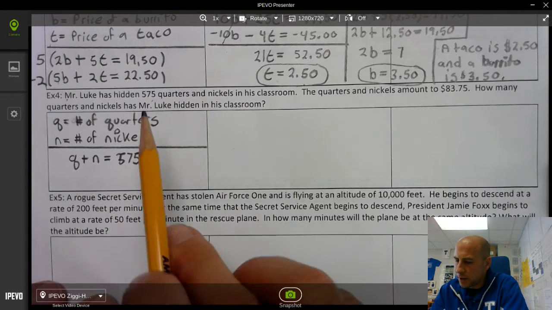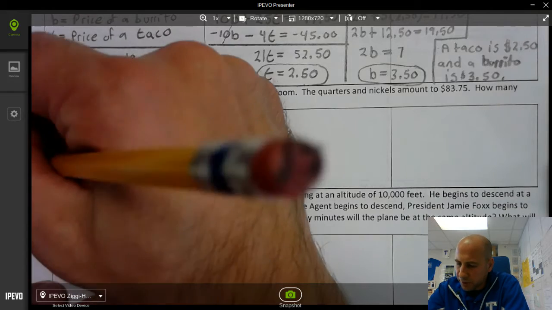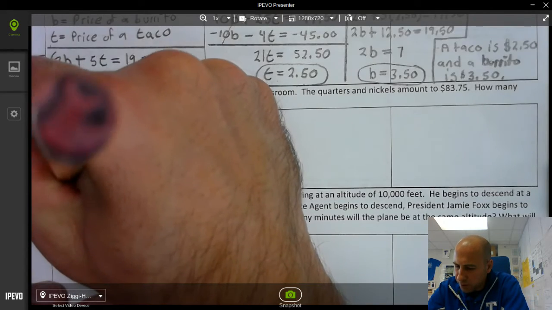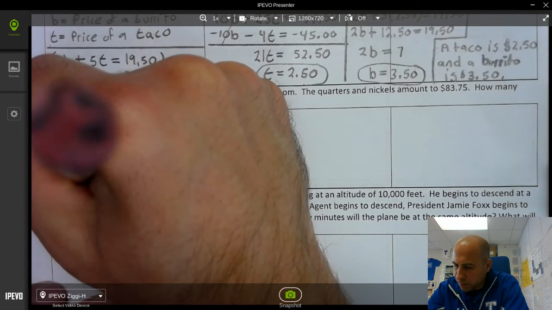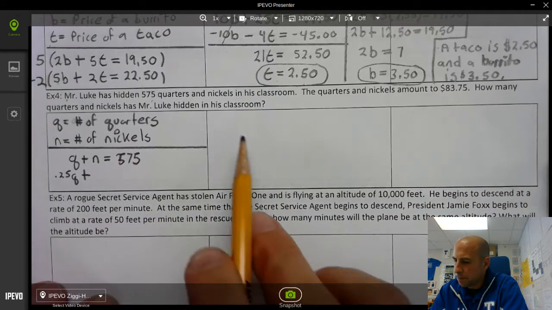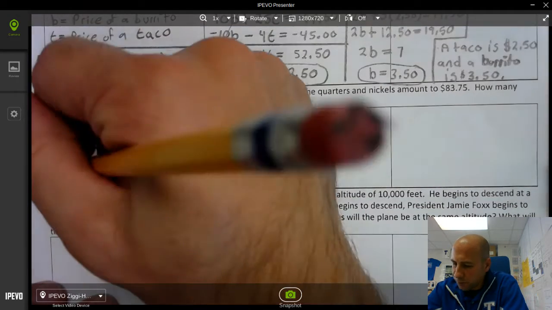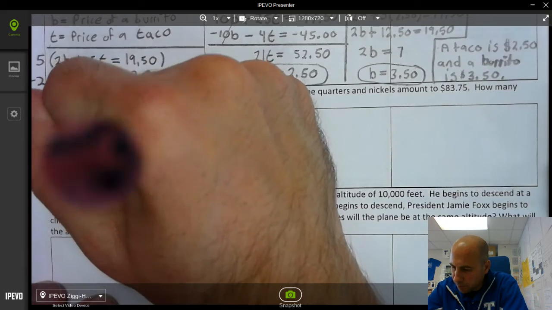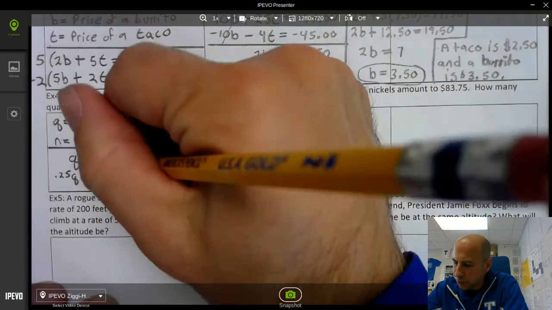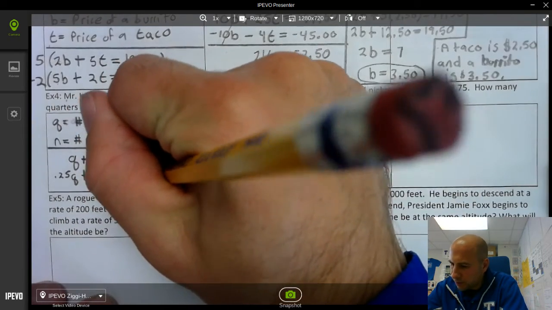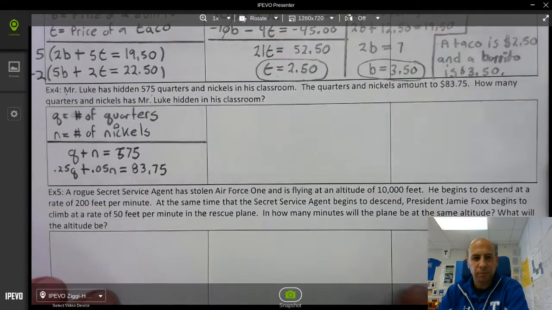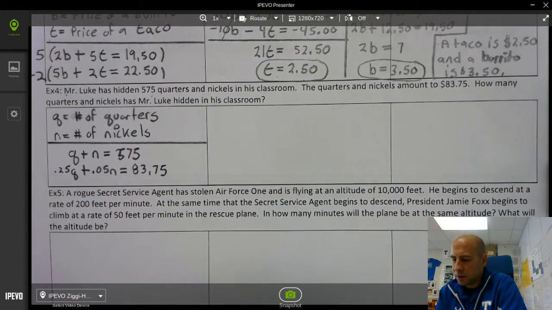Now we know that quarters are 25 cents, so that's 0.25Q plus nickels are 5 cents equals $83.75. And you could do it this way, but here's a nifty way to work this problem.